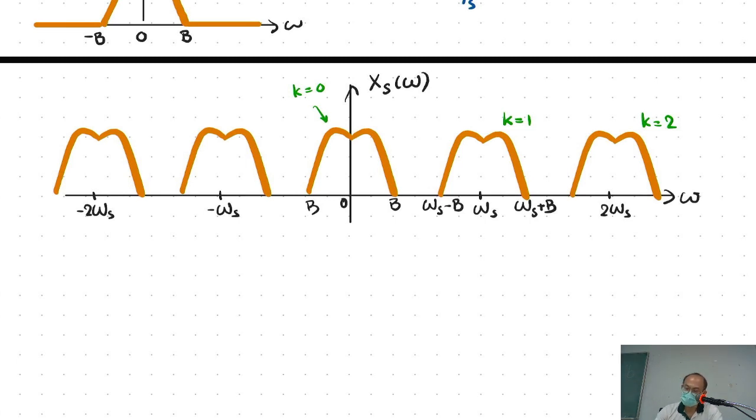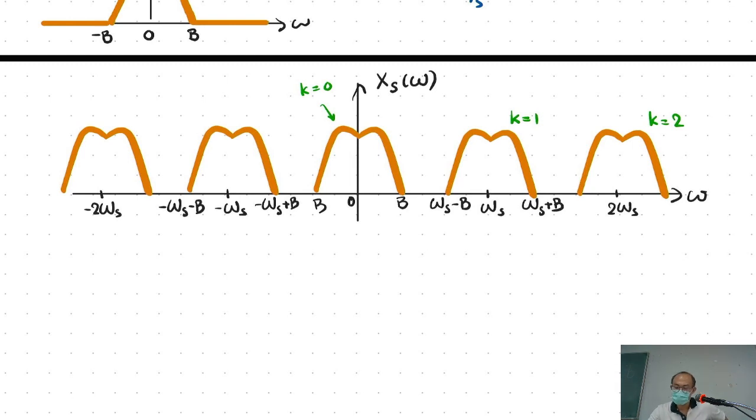And what about this? This is minus omega s plus b and minus omega s minus b. Do you see? So this is all the spectrum of the sampled signal. This is when k equals minus 1, k equals minus 2, and so on. It doesn't stop here. It goes on, both to the right and to the left, forever.